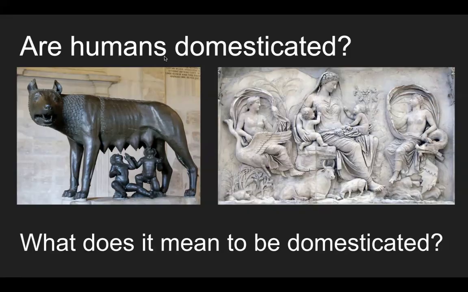Great, great. So let me ask you a question. Are human beings domesticated? We are part of nature, right? So where do we fit in the spectrum of domestication? Are we beyond the scope of the definition because we are sort of exceptional? If you say a cow has been domesticated, what does it mean when you domesticate an animal?